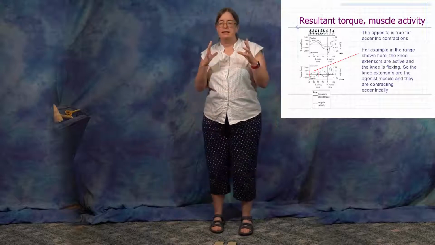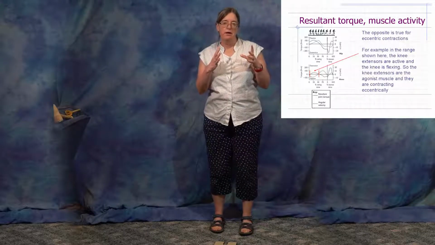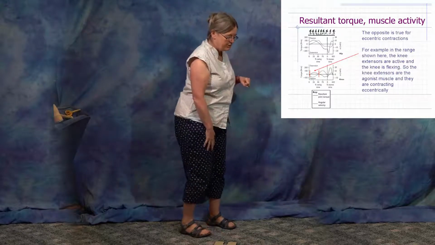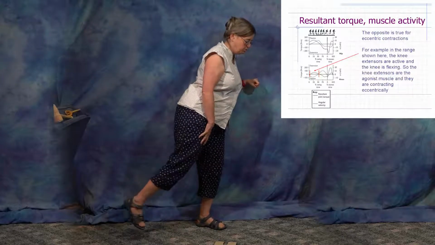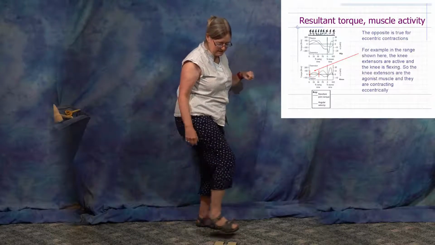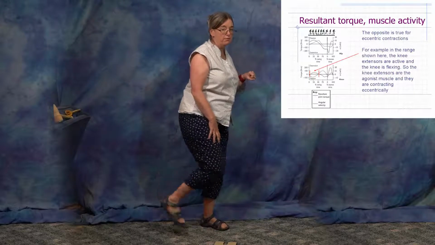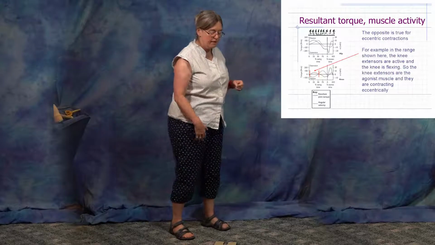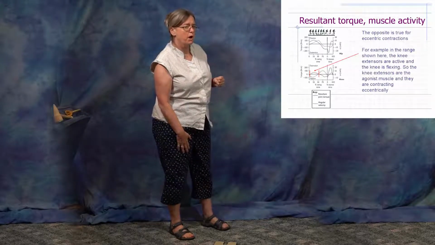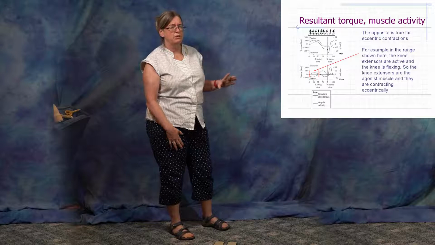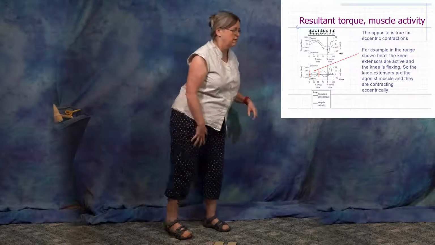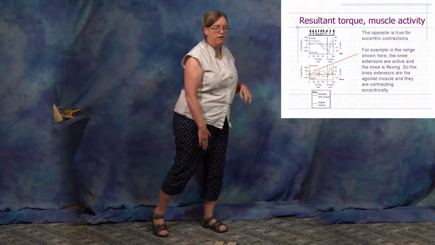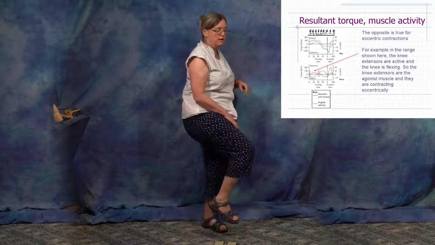If we look there at the beginning of the knee, though, you can see that as you start to go through swing here, you actually are bending your knee a bit, which kind of makes sense so that you clear and you don't hit the floor. But at the same time, we turn on our quads to control that bending so that it doesn't bend too much. If we just let it relax, it might bend more than we want. So we actually turn on our quads a bit during that swing.